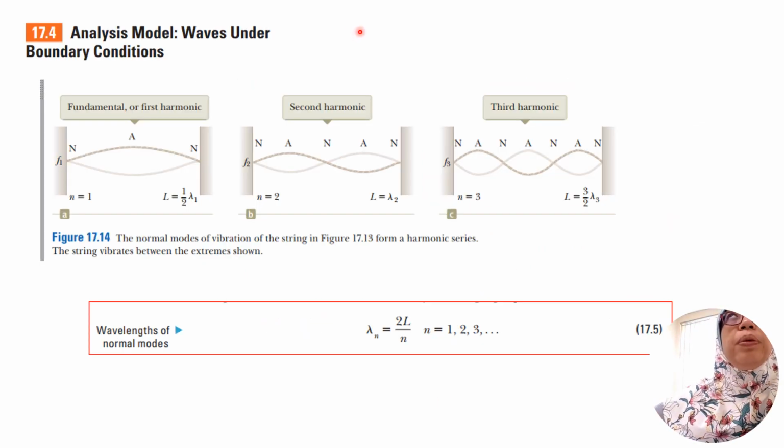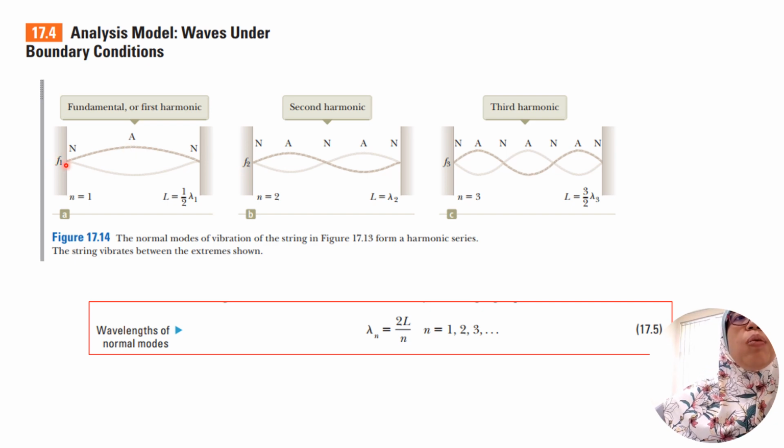Now let's incorporate the idea that if we have a fixed end earlier, the wave would be reflected in the opposite direction, under the concept of the standing wave earlier. What we have over here is a string that is bound fixed at both ends.